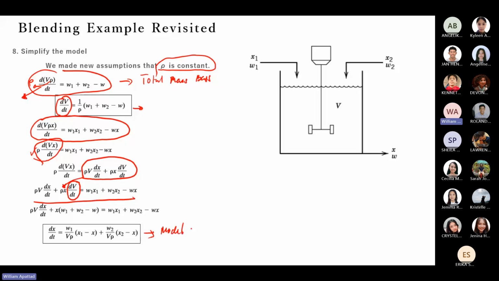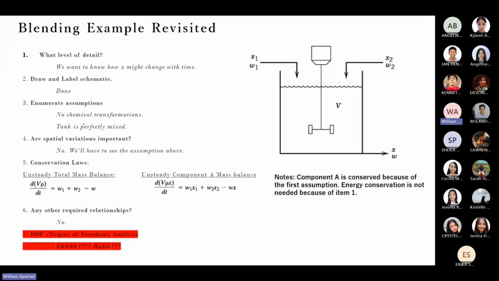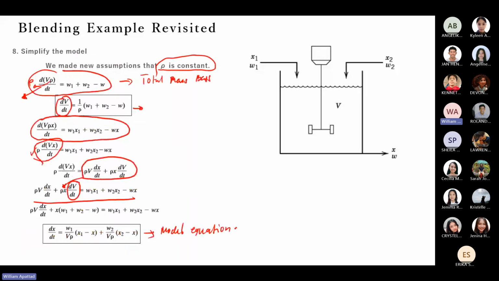Model equation that defines our control objective. Ano ulit yung control objective natin? What is our control objective again? Our control objective is we want to know how x might change with time. Tingnan natin kung na-answer yan ng equation natin. So we have dx over dt.